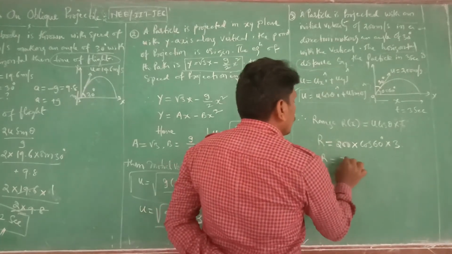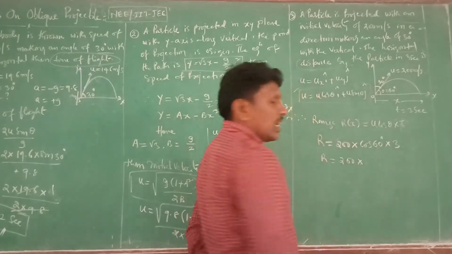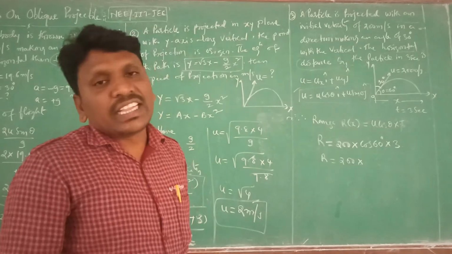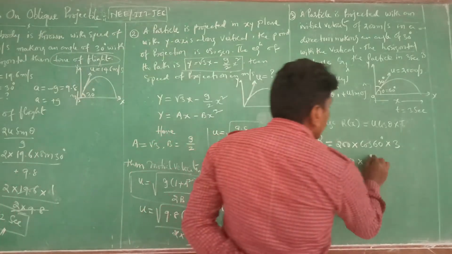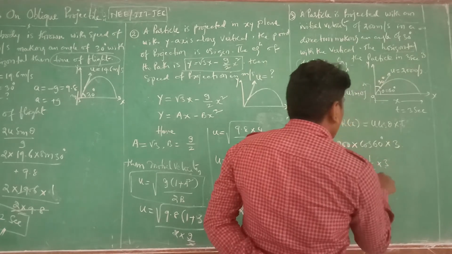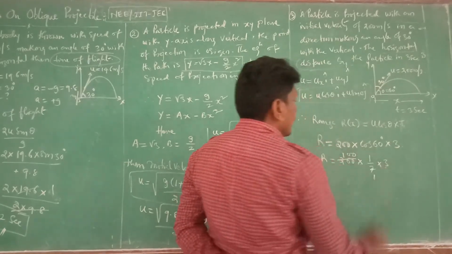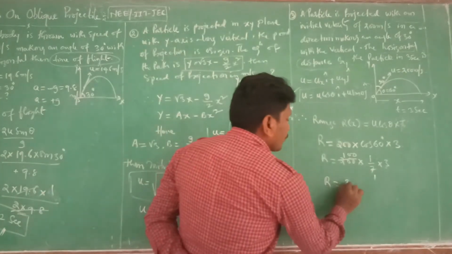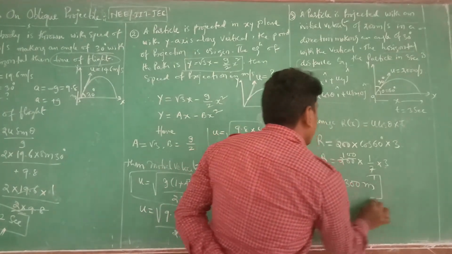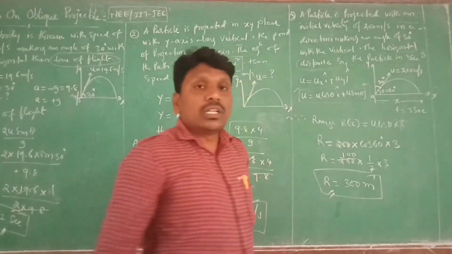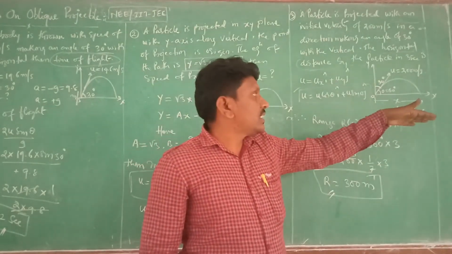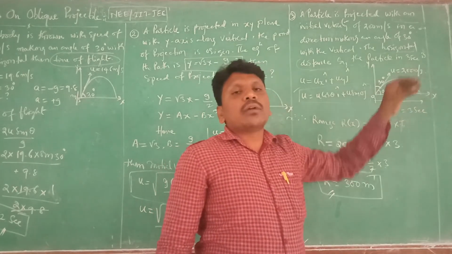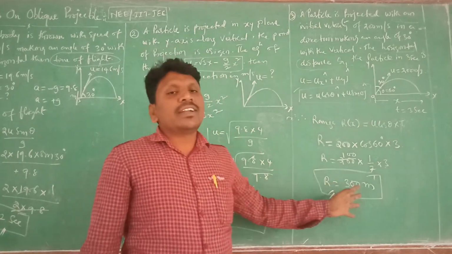Then r equal to 200 into cos 60, which is equal to sin 30, that is 1 by 2. 1 by 2 into 200, this is r equals to 100 into 3, 300. 300 meters. Range, otherwise called the horizontal distance from the point of projection to the point where the object reached, that is 300 meters.